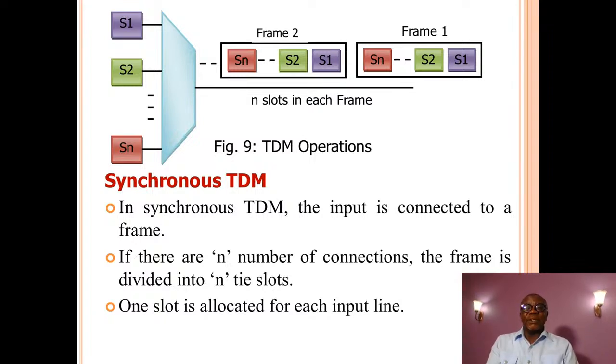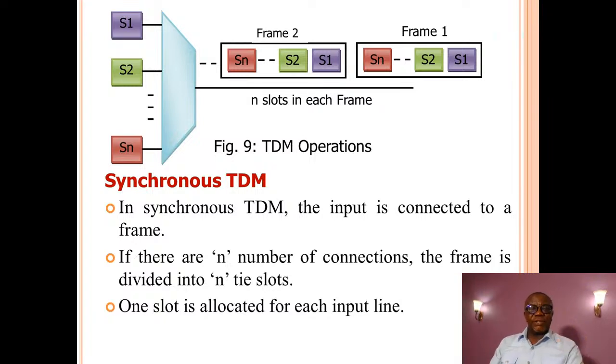When he does that, you group them together and send them as one packet or frame. You see frame 1, he sends that. He samples again S1, S2, S3, picks the data there, puts them in a frame and sends as frame 2. He does it again as frame 3 and continues like that. So we call this type of TDM synchronous TDM because it goes through from one to the last, gets and sends. It goes through again from one to the last, gets and sends.